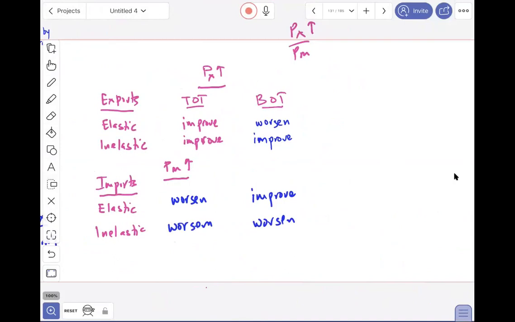So if somebody asks you, does terms of trade worsening always mean balance of trade worsening? The answer is not necessarily. It all depends on elasticity of demand, because it could be possible that if your exports are inelastic, then terms of trade and balance of trade both can improve if the price is going up, and so on and so forth.